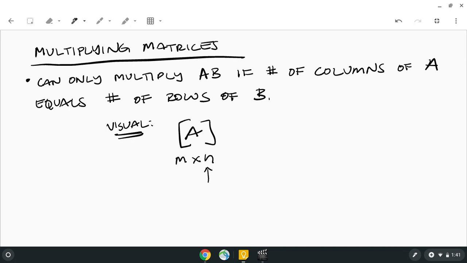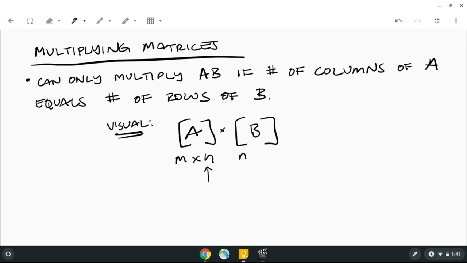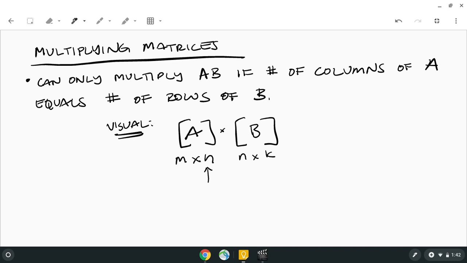So if I'm doing this times this multiplication, then the columns for A, which is n, have to match the rows of B. So here, this has to be an n by whatever else. So those two numbers have to match.